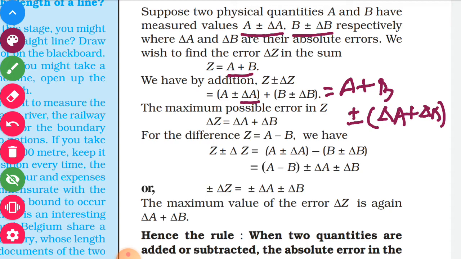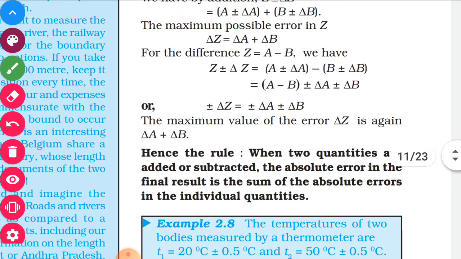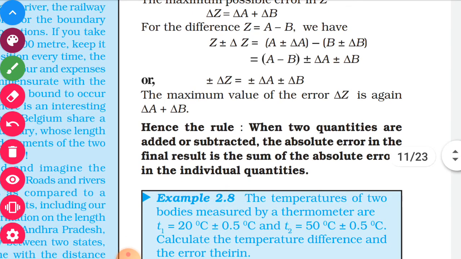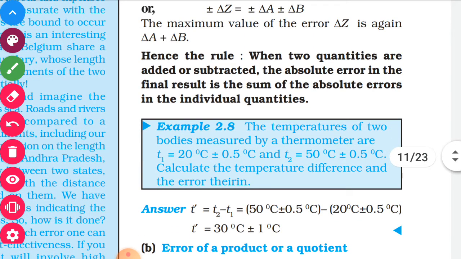Similarly, when you subtract, then also their absolute errors are added. So the rule goes like this, just remember the rule: when two quantities are added or subtracted, the absolute error in the final result is the sum of the absolute errors in the individual quantities. Now an example is given.